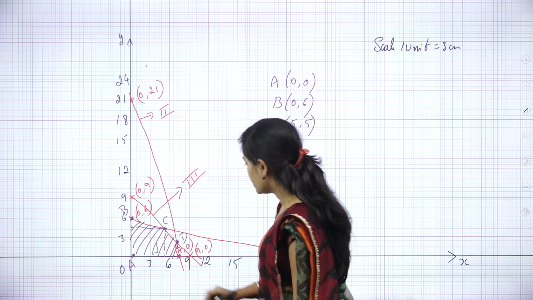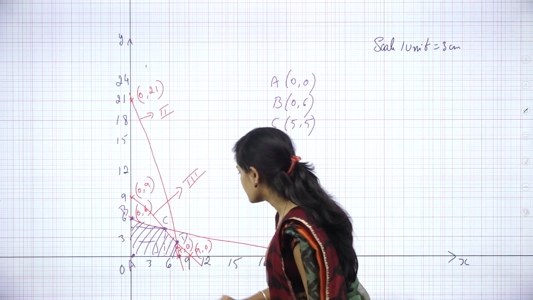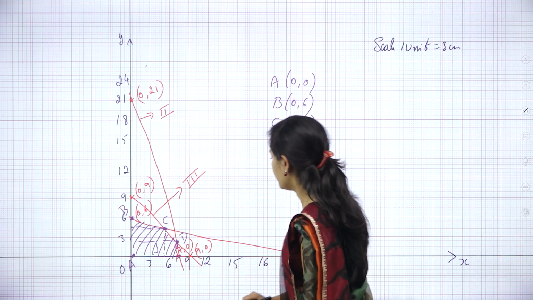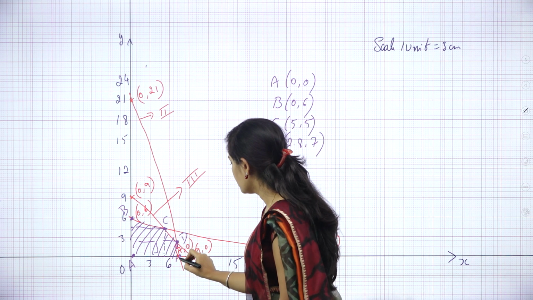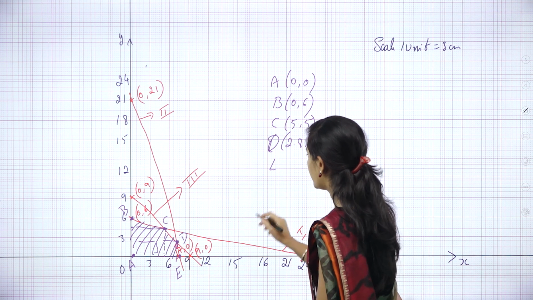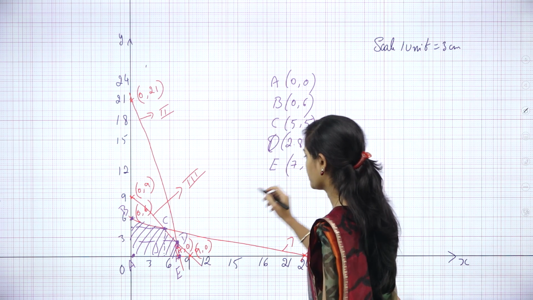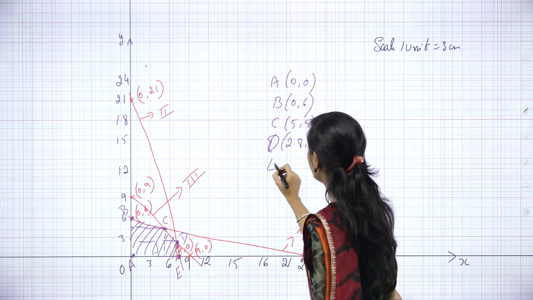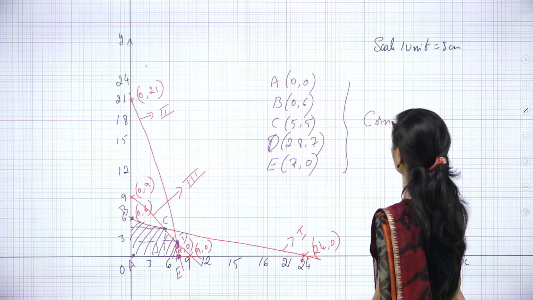And D is 2.8 comma 7. And the last point is E, that is 7 comma 0. So these are the corner points we got.